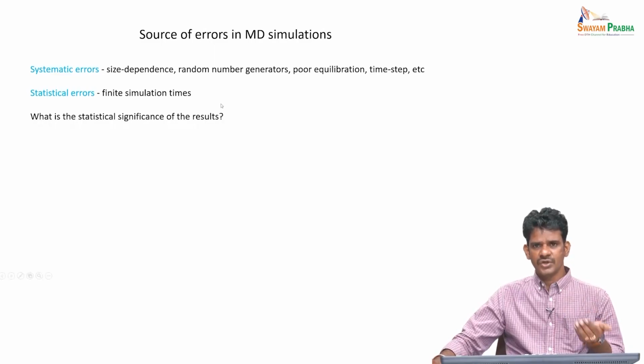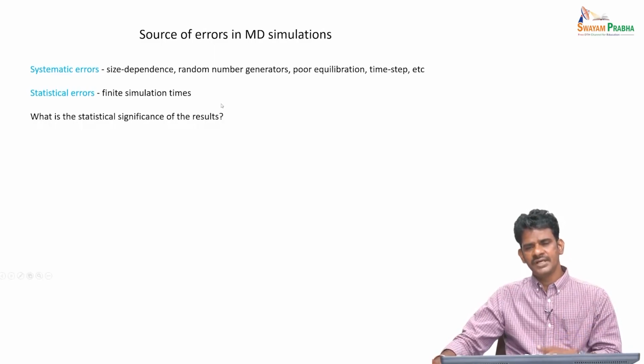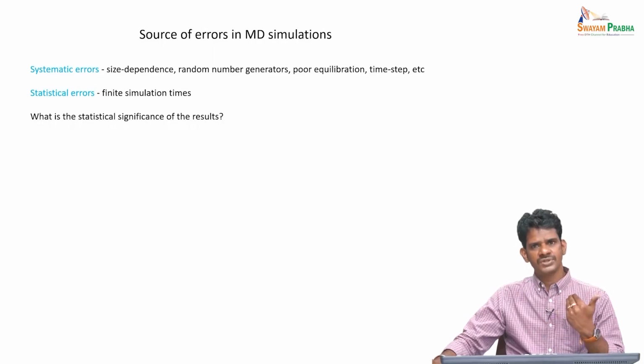Sometimes our equilibration is not proper, so we have a very poorly equilibrated system, and then we might have systematic error from there. Sometimes we choose a delta time step, sometimes we choose a particular integrator. All these decisions of system size, simulation methods, parameter choices, cutoffs, will lead to what is called a systematic error.